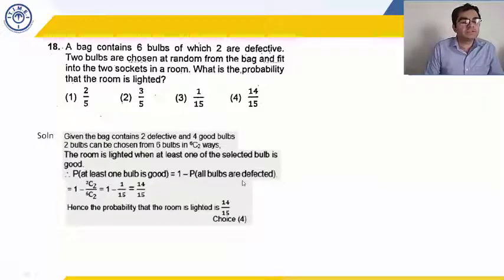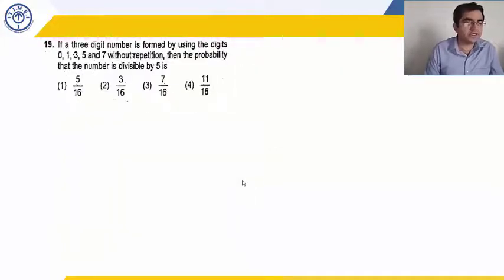Okay, so yeah, of course you can do it by the other way also. You'll get the same answer. You can try it also, but time, it's all about time, to save time in the exam. Okay, let's move. Question number 19. Carefully solve this.